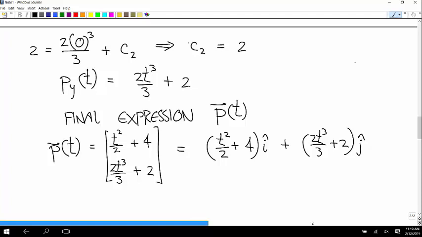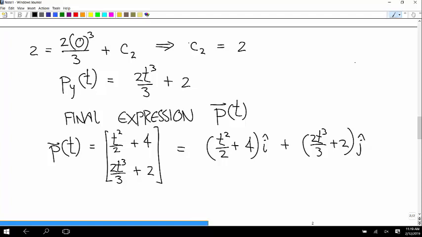Okay, so now what we have is a function of time for acceleration, velocity, and position. We can plug in a certain time, say at time 5 seconds, and plug it into the position function. It'll tell us where the object is. So where is it at time equals 0?